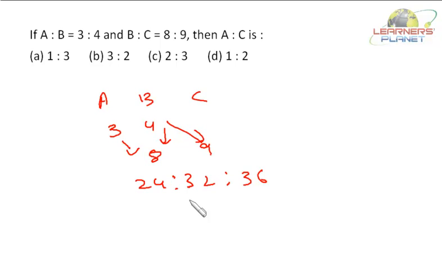We can simplify it. All the terms are divisible by 4. So 4 6s are, 4 8s are, and 4 9s are. So we have to find out the ratio of A and C. That is 6 is to 9. That is 2 is to 3. Okay, 3 2s are 6 and 3 3s are 9. Okay, I hope you are clear.